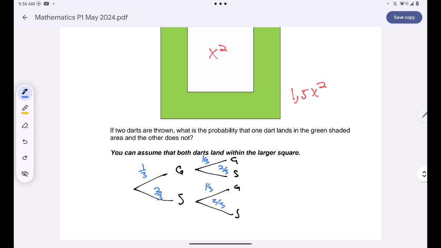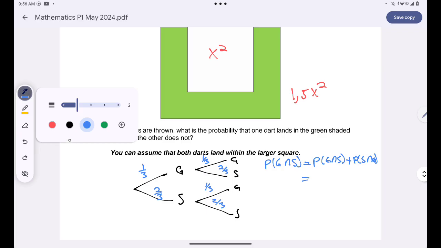The question said, what is the probability that one dart will land on the green shaded area and the other one does not land on the green shaded area? It simply means one dart will be on the green shaded area and the other one will be on the smaller square, right? So I just want to find the probability of green and the small square. Are you together? So that will be simply me finding the probability of green and the square, or the square and the green.